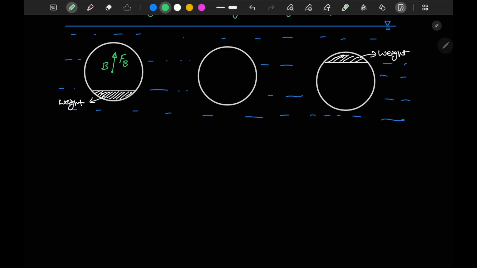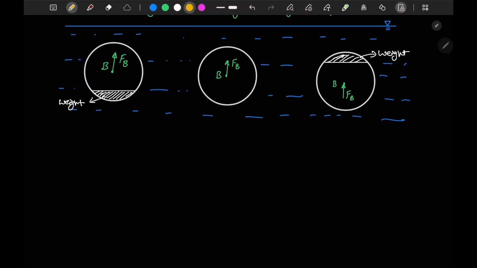Again here also, this point is your center of buoyancy, and your vertically upward force will be FB. Here also is your geometric center point, and this is your upward force, FB. This point is B.